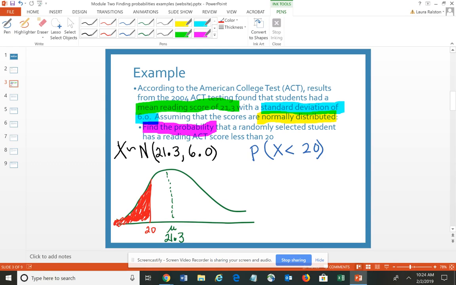So I'll go back and write that down. The probability that I am less than 20 is 0.4142. Now that's a decimal.